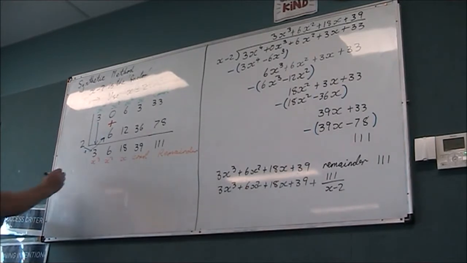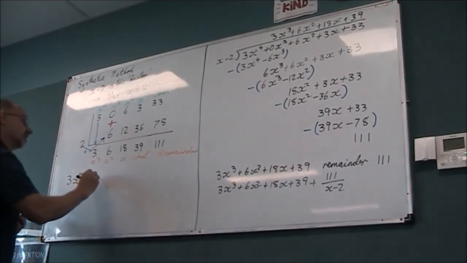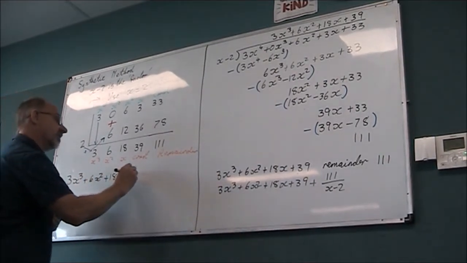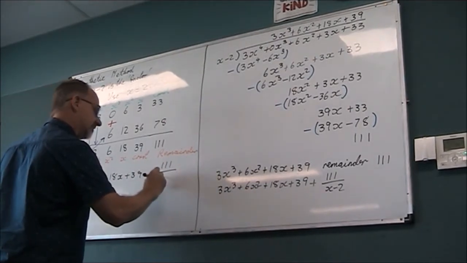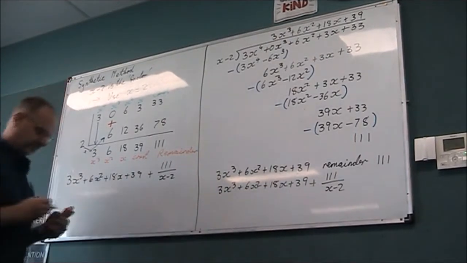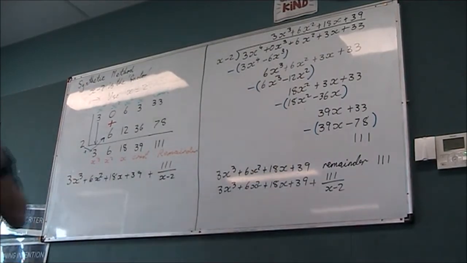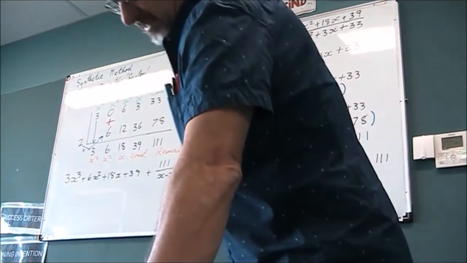So what do we get? We've got 3x cubed plus 6x squared plus 18x plus 39 plus our remainder. So either of those you can use. Doesn't matter which one. Lots of people prefer the synthetic.